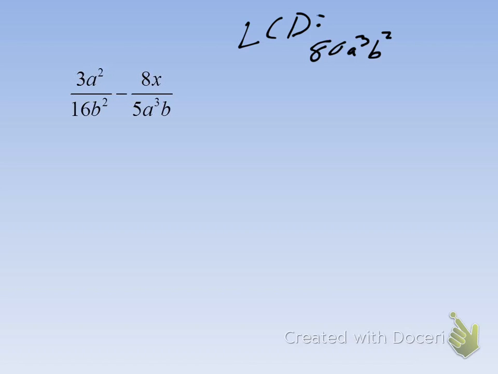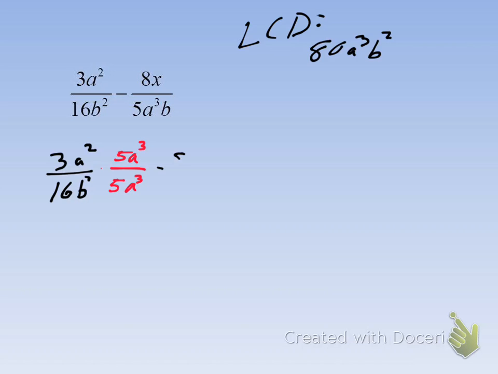Okay, so we're going to need to build both of these up to be 80 a cubed b squared denominator, so 3a squared over 16b squared. And to make 16b squared become 80a cubed b squared, you need to multiply it by 5a cubed. There you go.